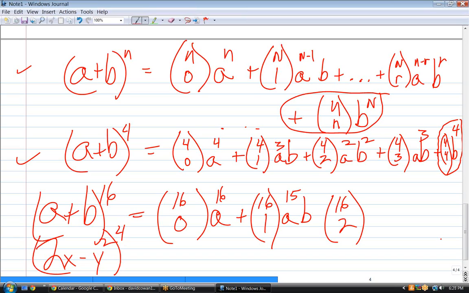Now I can no longer say that the second coefficient is going to be 4 choose 1. And the reason is that this 2 gets squared and cubed and quartered also. In other words, if I were to expand 2x minus y squared, okay?